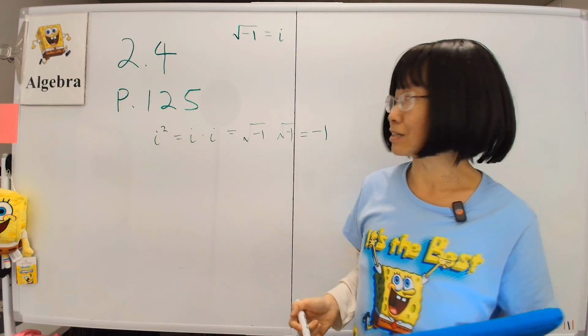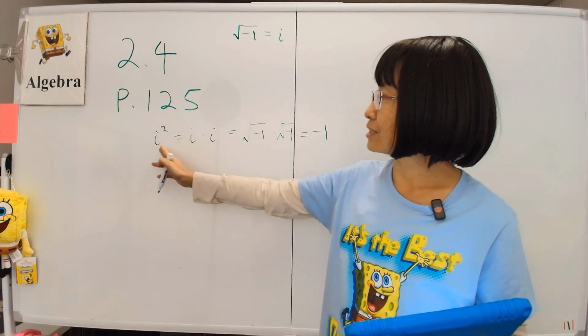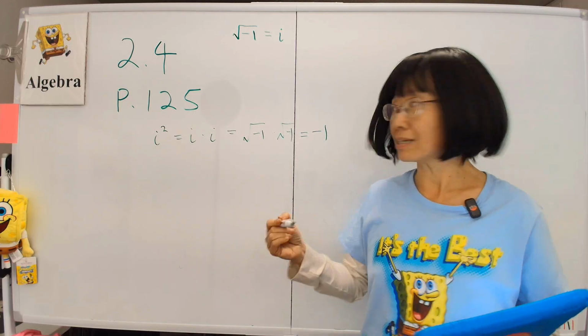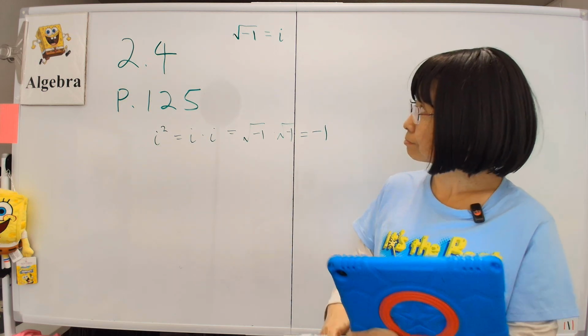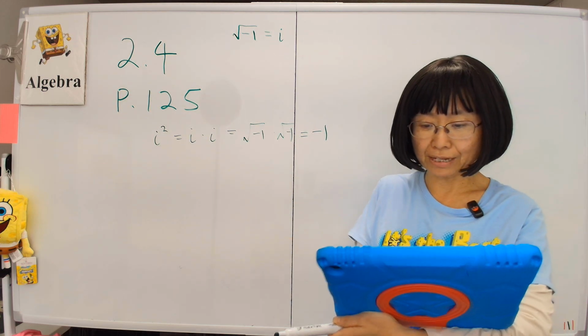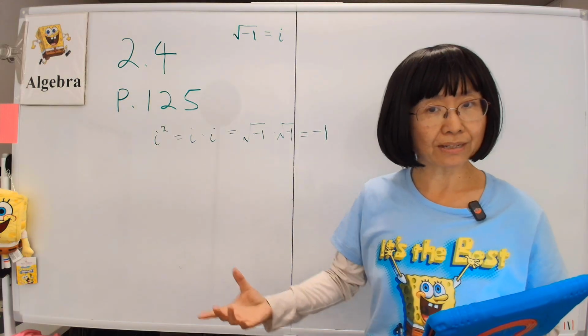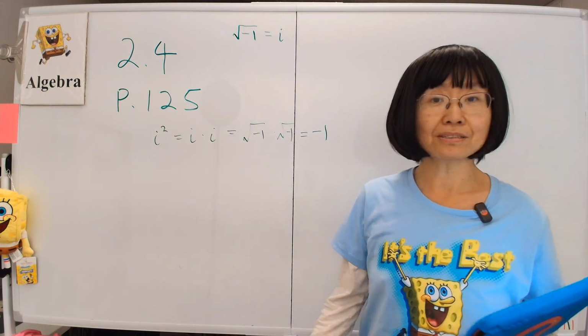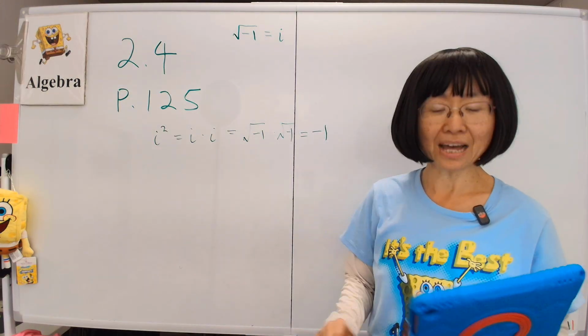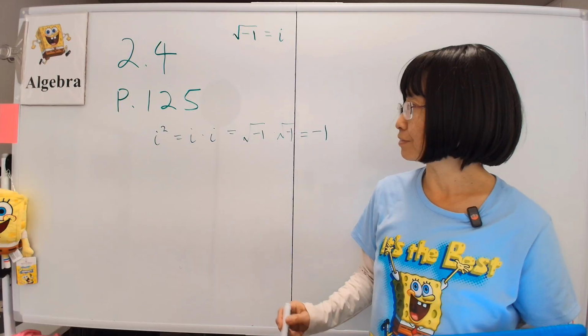That's the meaning of the word square root. Okay, so the first thing we know is i squared does equal negative 1, being that i is the square root of negative 1. So now, with that, we can calculate the square root of negative numbers, which is the whole point of the existence of i.